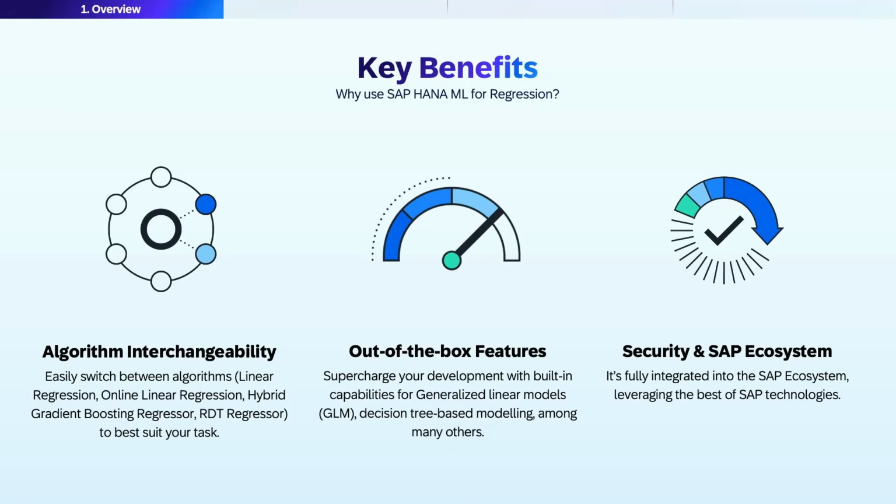Second, out-of-the-box features that supercharge your development with built-in capabilities for generalized linear models, decision tree-based modeling, among many others. Third, security and SAP ecosystem integration. It's fully integrated with SAP technologies, leveraging enterprise-grade security and native in-database processing. These advantages make regression more efficient and accessible for SAP users.